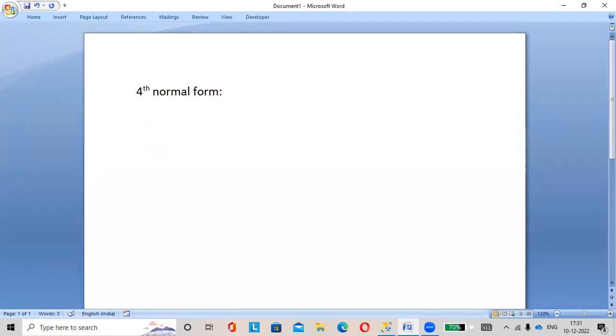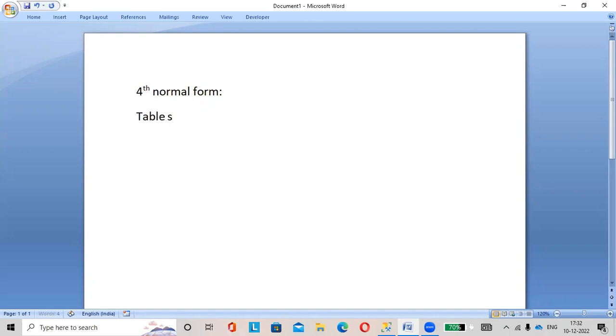The table is said to be in fourth normal form if it satisfies BCNF. BCNF stands for Boyce-Codd normal form. It should satisfy Boyce-Codd normal form. It should not have multi-value dependency.